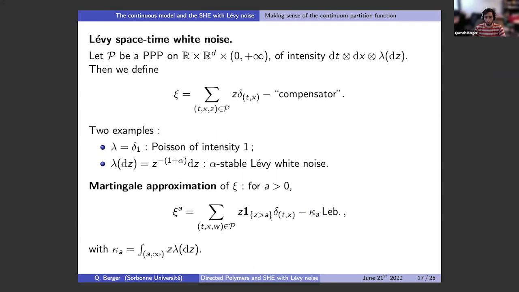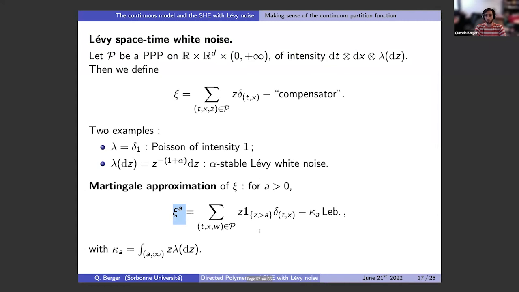Okay, so Xi, the Lévy white noise, you can think of as the limit of this Xi A. It's the limit in the correct spaces of distributions. I won't go into that detail.